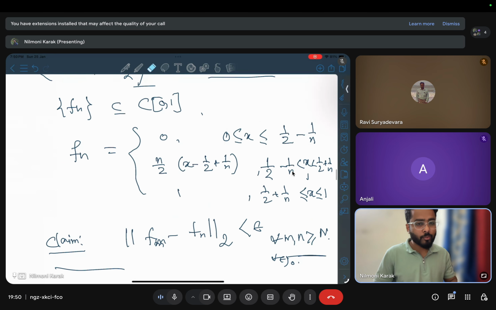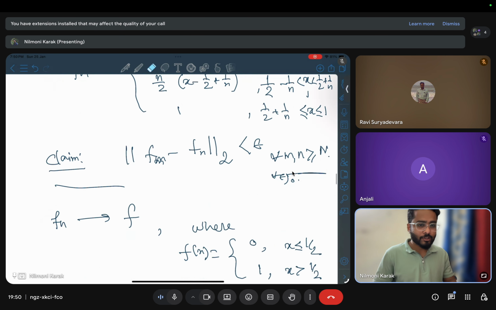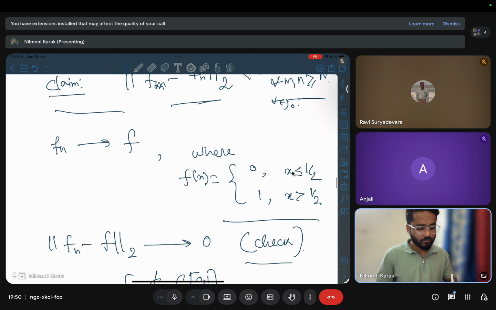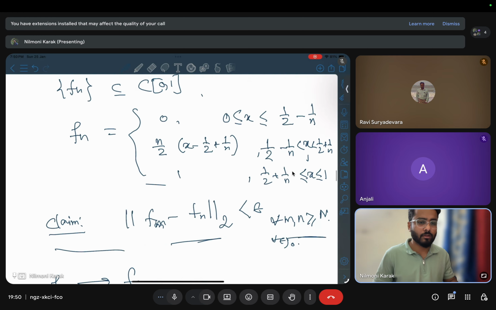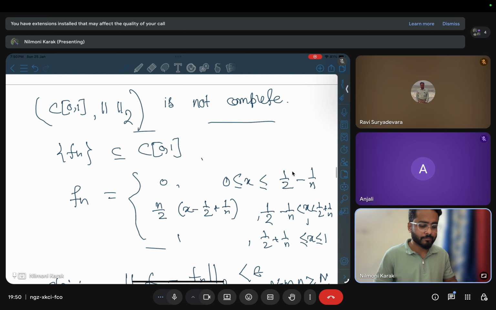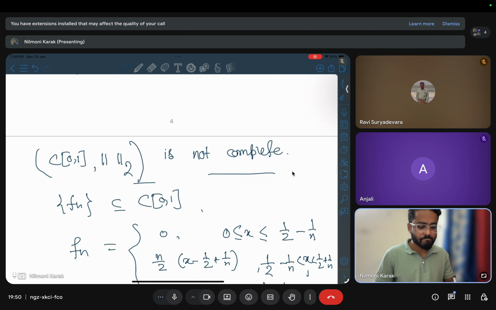So you have to construct a sequence of functions f_n which is Cauchy. I did not compute it, but you can compute that this is Cauchy, and f_n converges to f, which is not continuous. The example is this counterexample, so this is not complete.